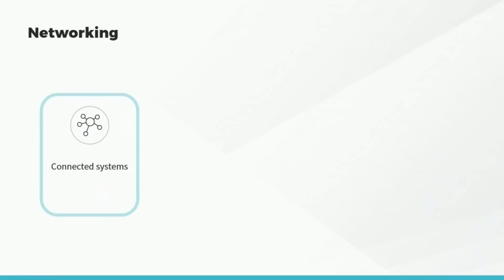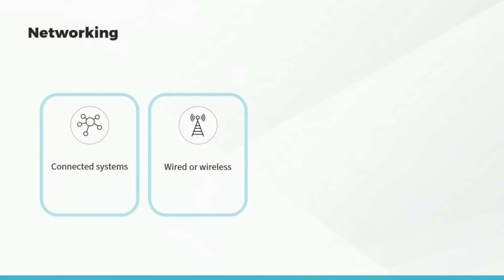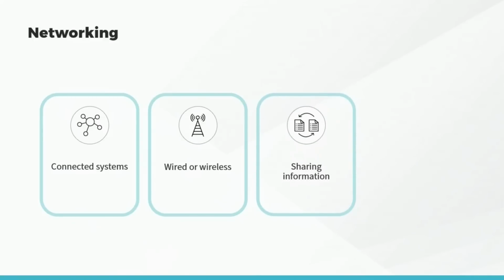In this presentation, we'll provide an overview of the basic characteristics of computer networking, which quite simply is any collection of connected systems, allowing them to communicate with each other over a wired or a wireless connection, which in turn allows them to share information such as files, email messages, instant messages such as chats, print jobs, and many other types of communications.